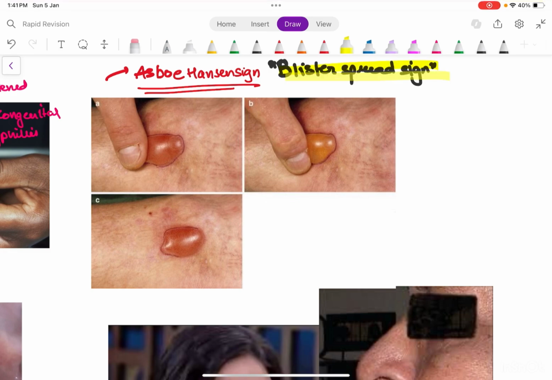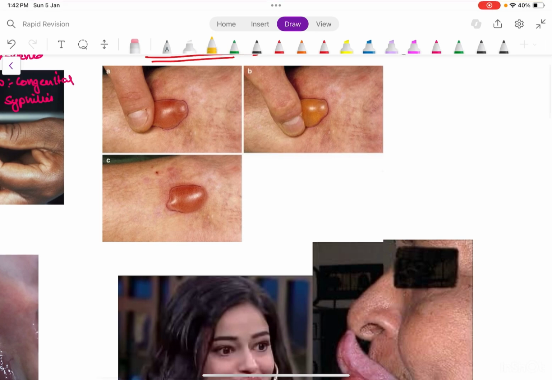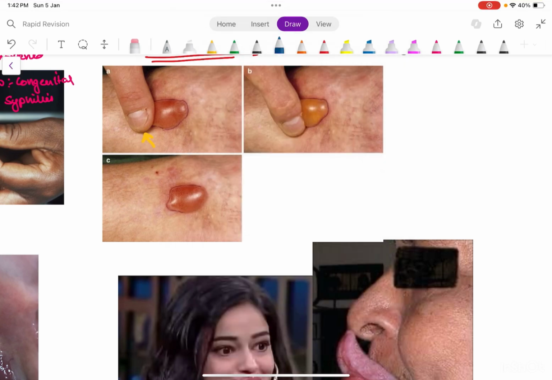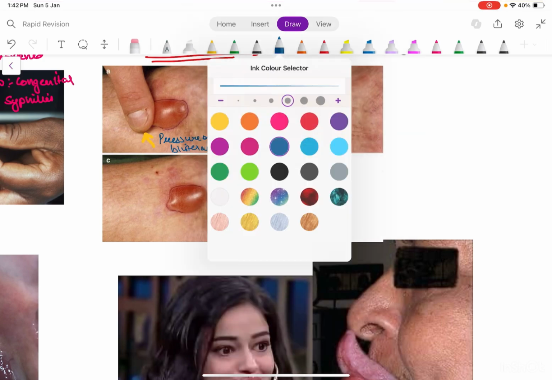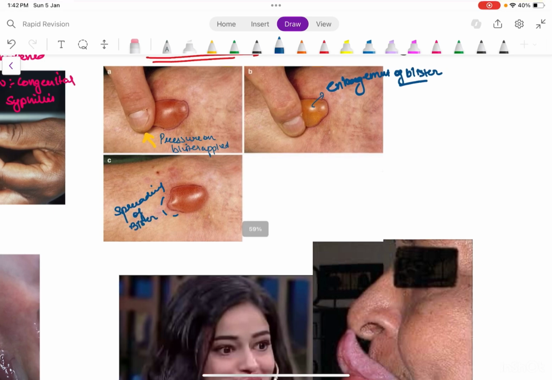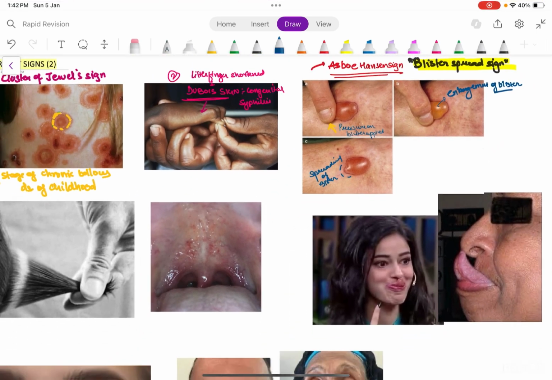What's so interesting about this sign is that when pressure is applied on the blister, it leads to enlargement of the blister, right? Can you see the enlargement? And then it leads to the spreading of the blister. Okay, so this is Asboe-Hansen sign, the third sign.